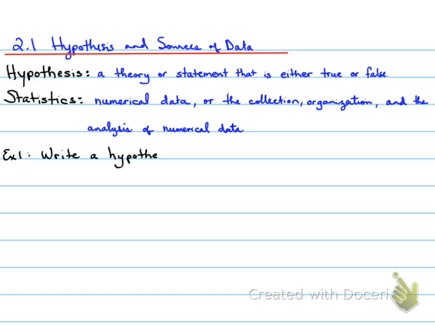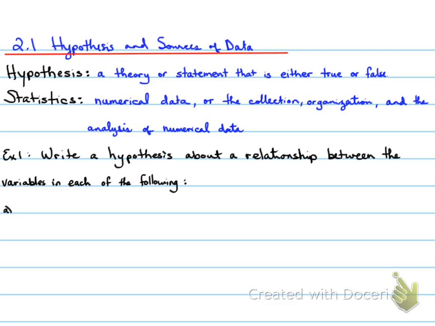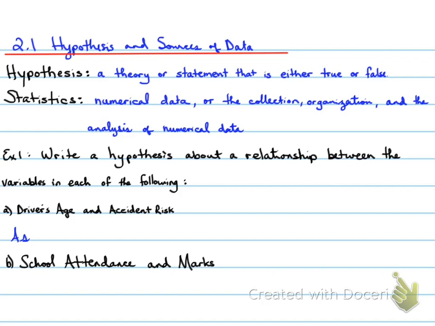Example 1. Write a hypothesis about a relationship between the variables in each of the following examples. So, driver's age and accident risk. And the second part, school attendance and marks. So, we need to make a statement about driver's age and accident risk.